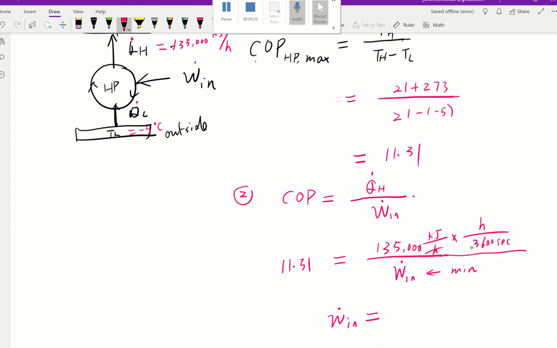Then that will cancel out the hour, and we will get the unit of kilowatt. If we do that, our W in is going to be equal to 3.316 kilowatt. So that's the required input from the compressor, the required work.